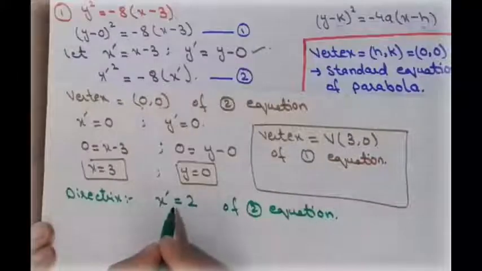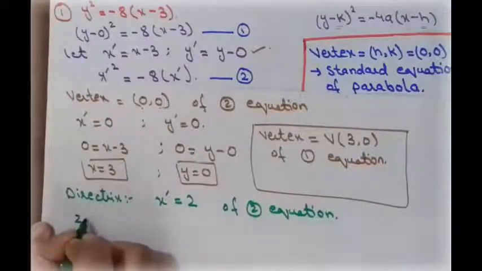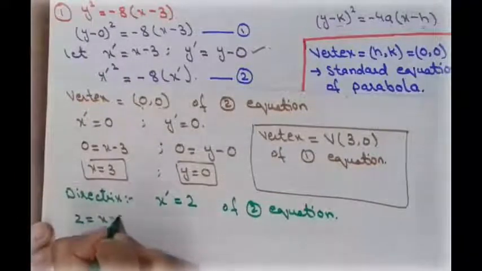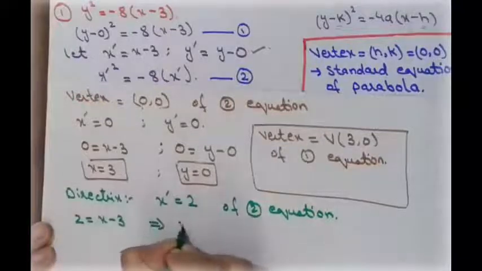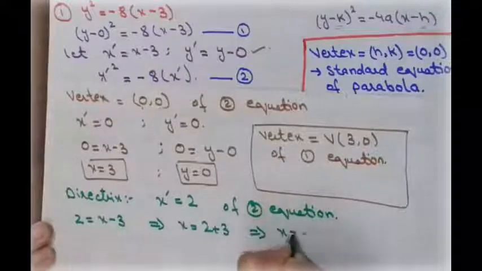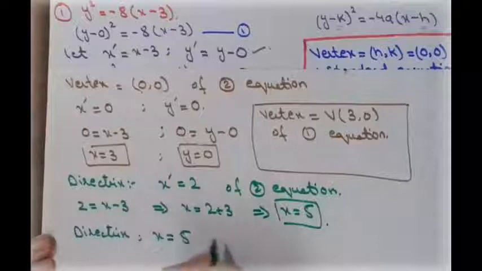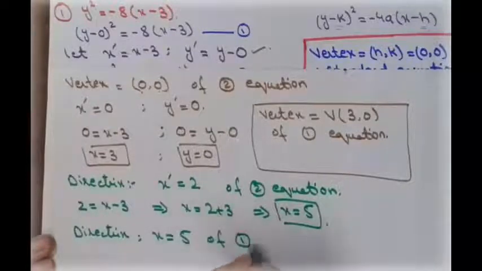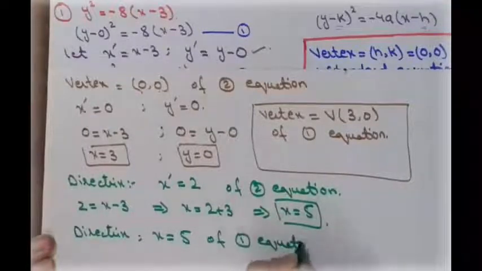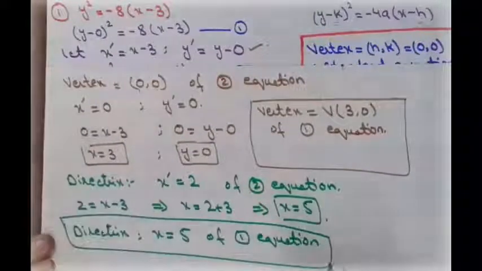Just put the value of x dash in this equation. The value of x dash is 2, which equals x minus 3. So x equals 2 plus 3, which means x equals 5. The directrix is x equals 5 for the first equation, our main equation for which we have to find all of these things.